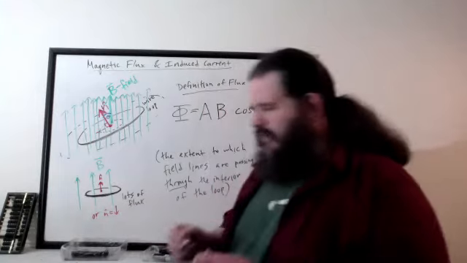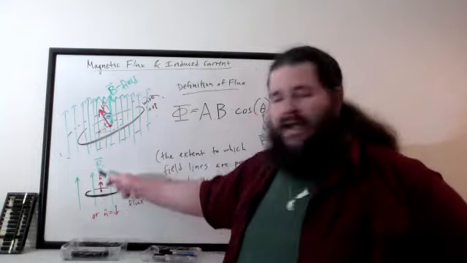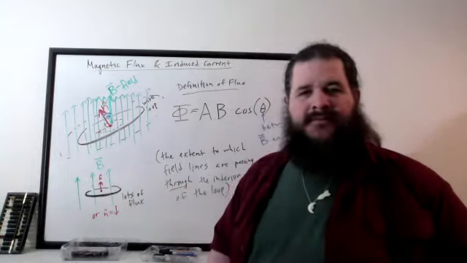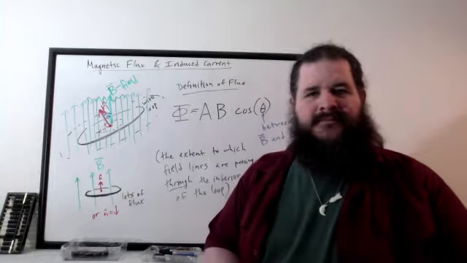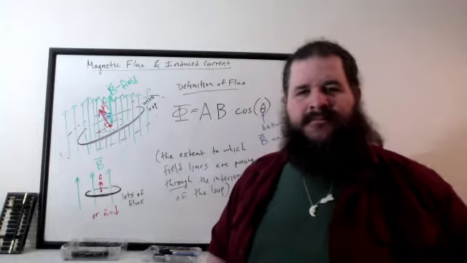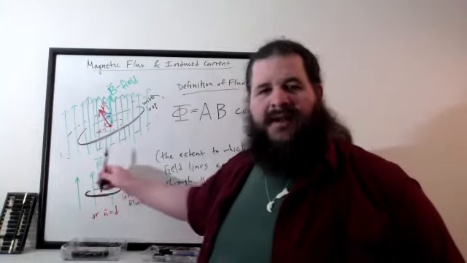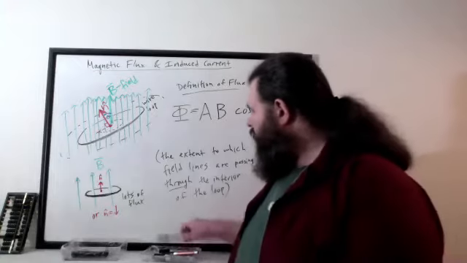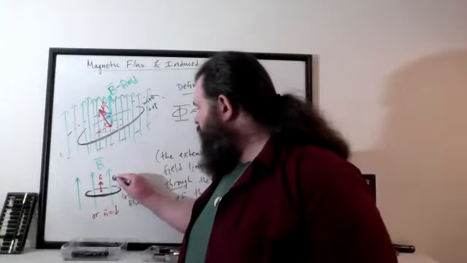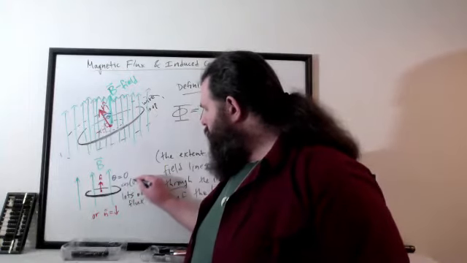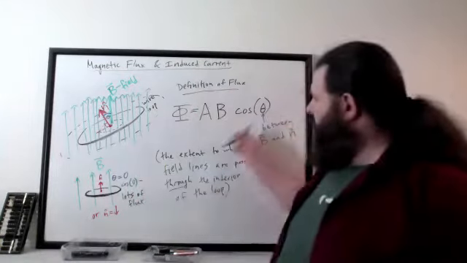In both those cases, though, if we draw a normal vector straight up, what's the angle between the normal vector and the magnetic field? If the normal vector is straight up and the magnetic field is also straight up, what's the angle between those? Yeah, that's going to be 0. So theta would be 0. And what's the cosine of 0?